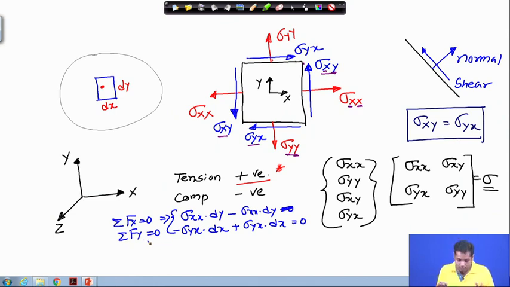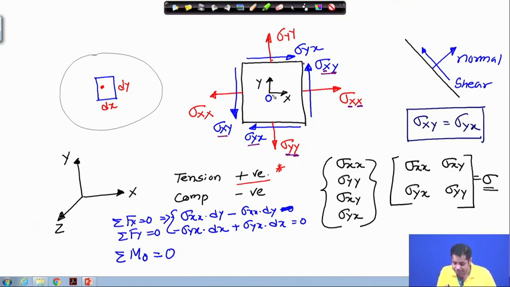Okay. Now, let us see whether the summation of moment is equal to 0 or not. If this point is O, we take the summation of moment about O, and the equilibrium condition says that it has to be equal to 0.